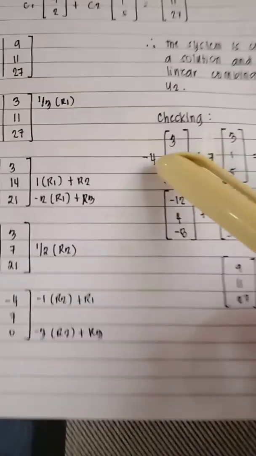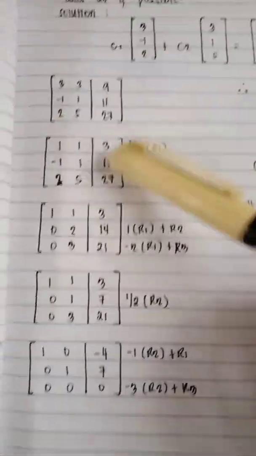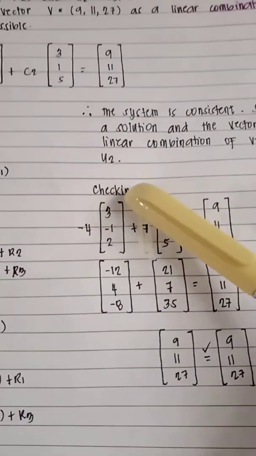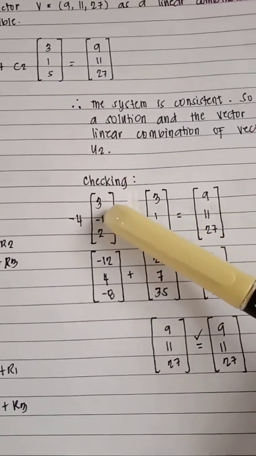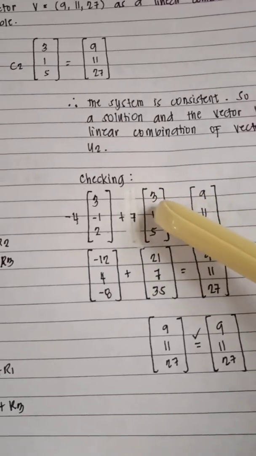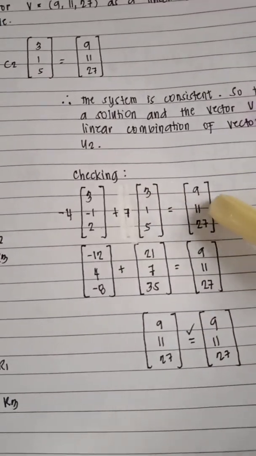Since our c sub 1 is -4 and our c sub 2 is 7, we will just substitute it. So -4 times 3, -1, 2 plus 7 times 3, 1, 5 equals 9, 11, 27.